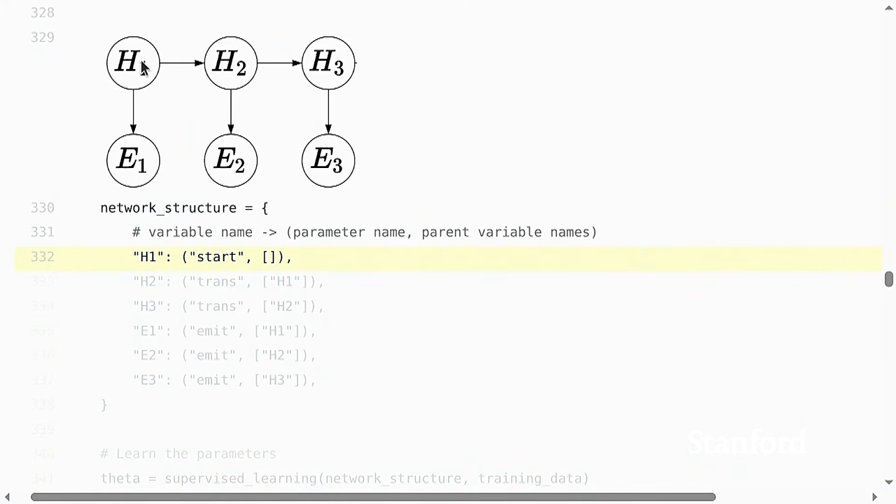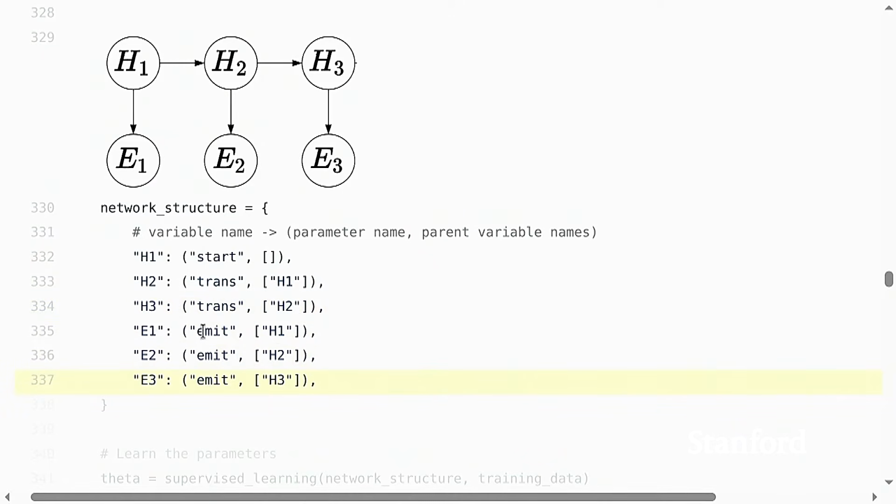H1 has no parents, and it's given by P start. H2 has one parent, which is H1, and it's driven by P trans. H3 is driven by P trans from H2. And E1 is driven by P emit, and it depends on the parent H1.